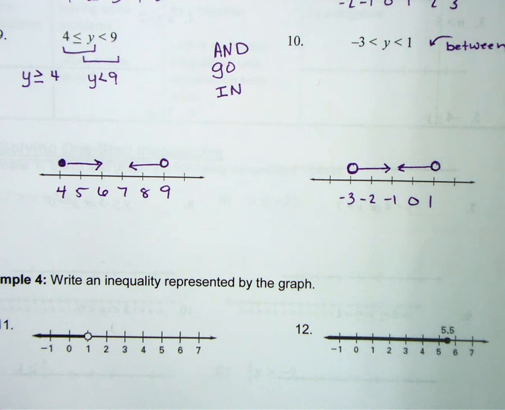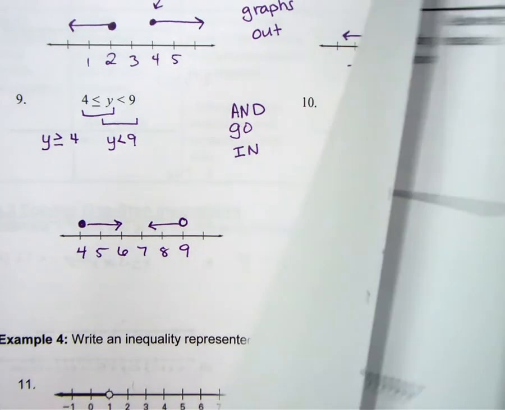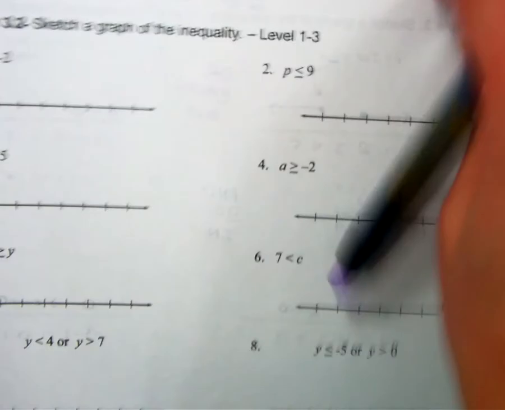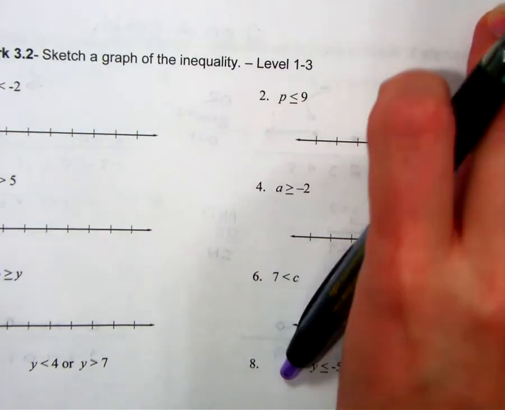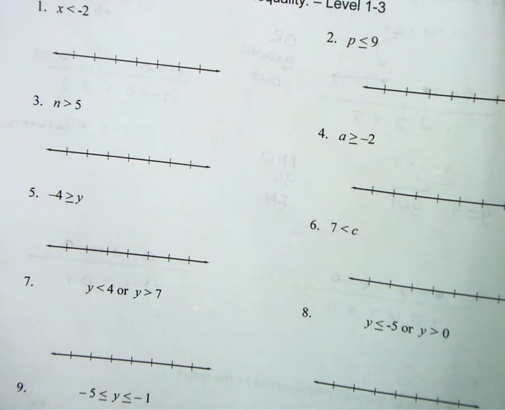Okay, that's where we're going to stop for the day. But if you flip your page to page 7, we've got 10 minutes and you've got 10 problems. These problems should literally take you 2 minutes to finish up these 10.